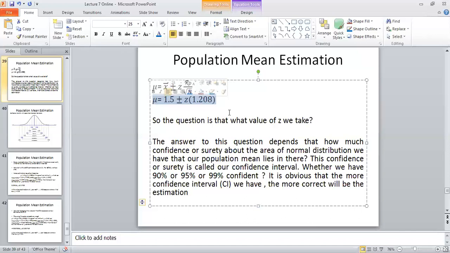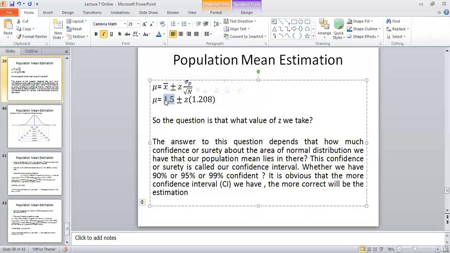Please note the way this equation has been written. We are actually adding or subtracting something around the sample mean, which is the x bar value.